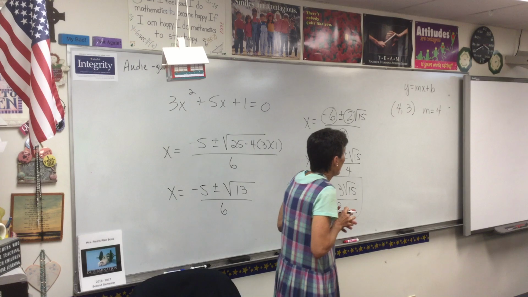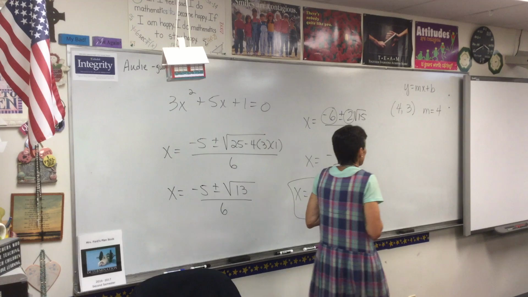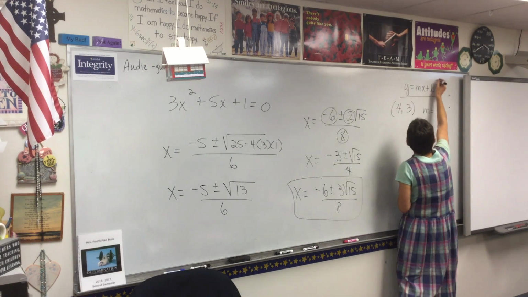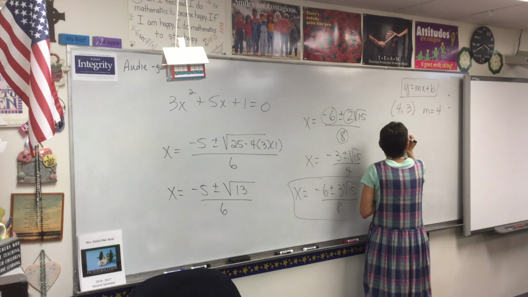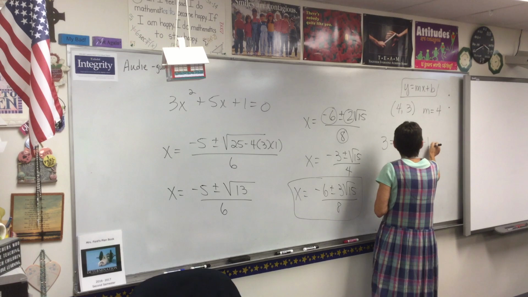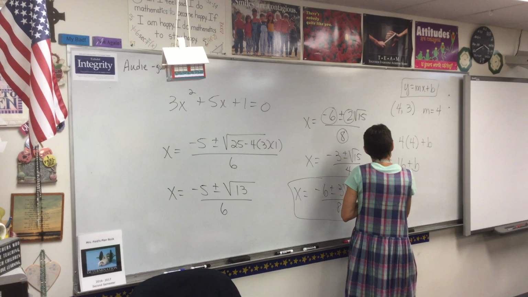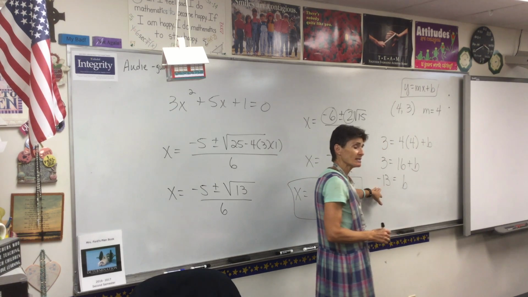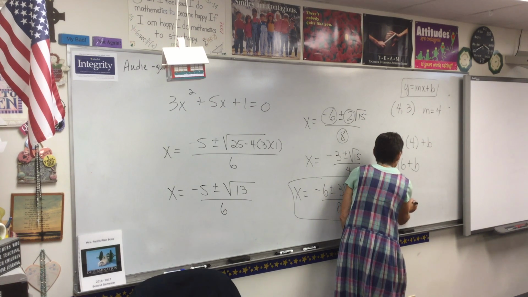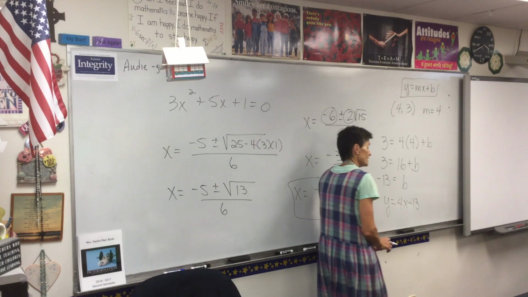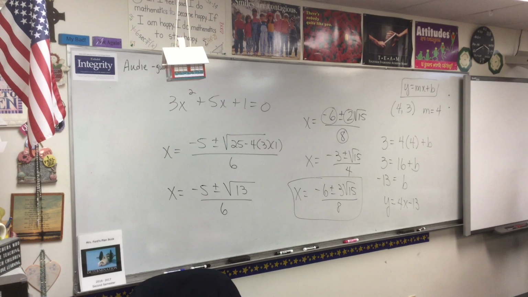I got a slope of 4 and a point (4, 3), and I want to know the slope-intercept form of the line. 3 equals 4 times 4 plus b. b is negative 13. But that's not the answer. The answer is y equals 4x minus 13. That is the slope-intercept form of the line.